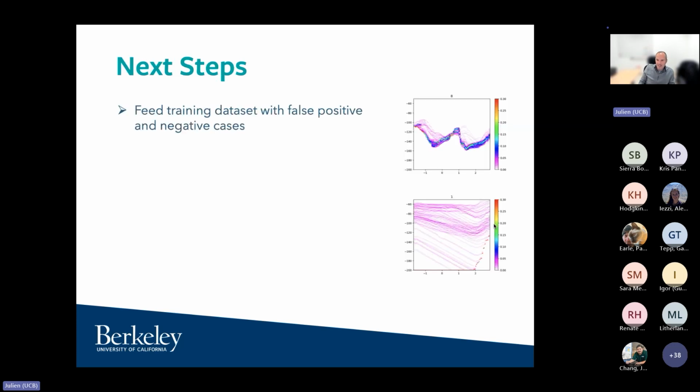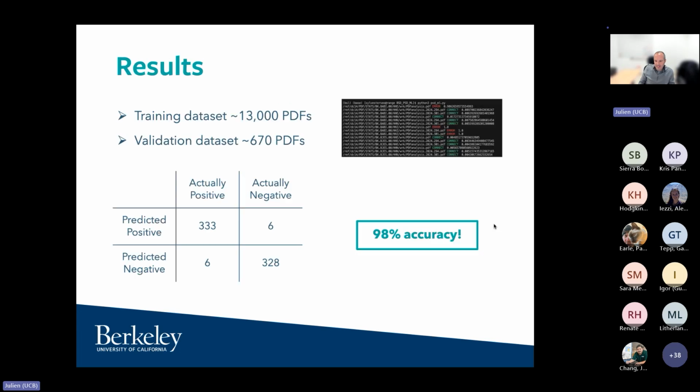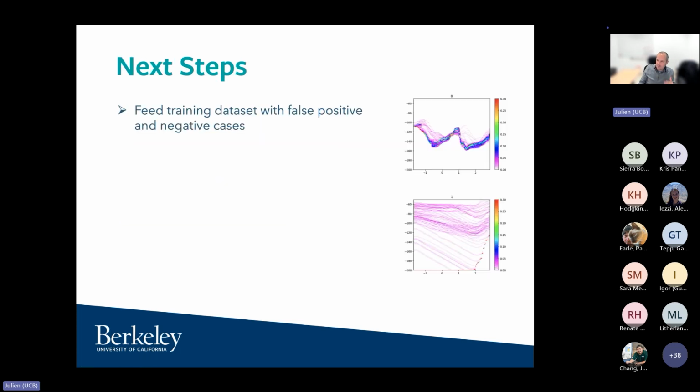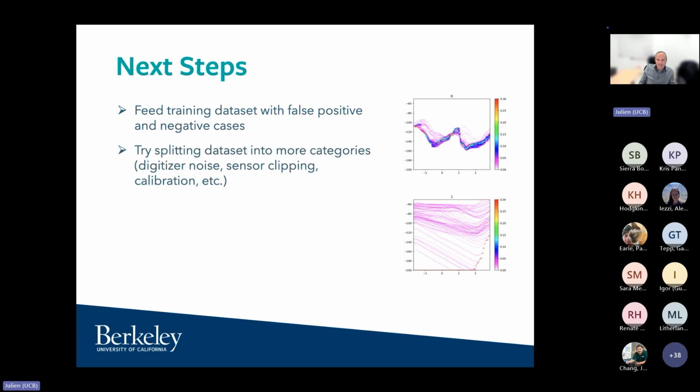The next steps now are, first of all, to re-inject those wrong identifications of the PDFs into the training data set, and then play again with those and try to improve the training. Try also, because we feel this is possible, to split into more categories than just 0 and 1, because these outliers were in many different regions.